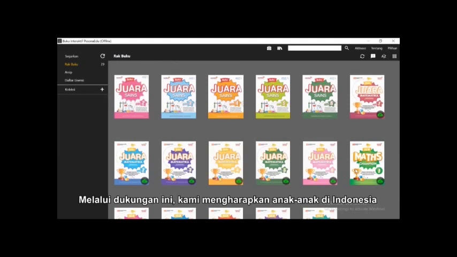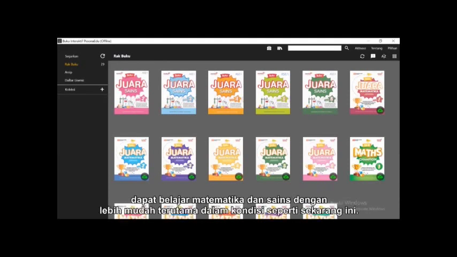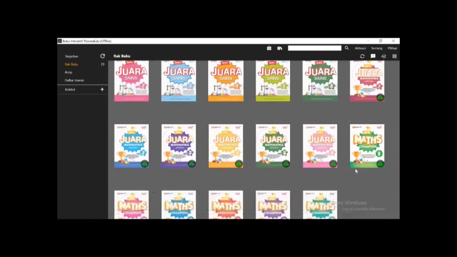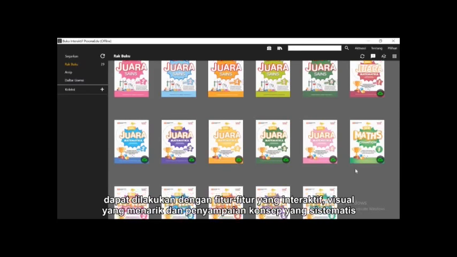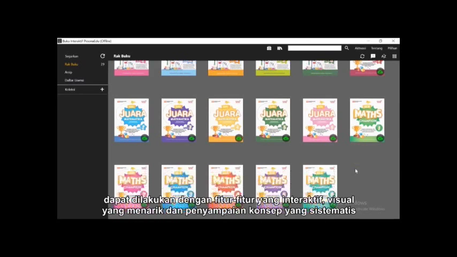And through this support, we hope the children of Indonesia can more easily learn mathematics and science in this current situation. After this, let us show you how this digital learning and mathematics learning can be done with interactive features, engaging visuals and also systematic lesson delivery.